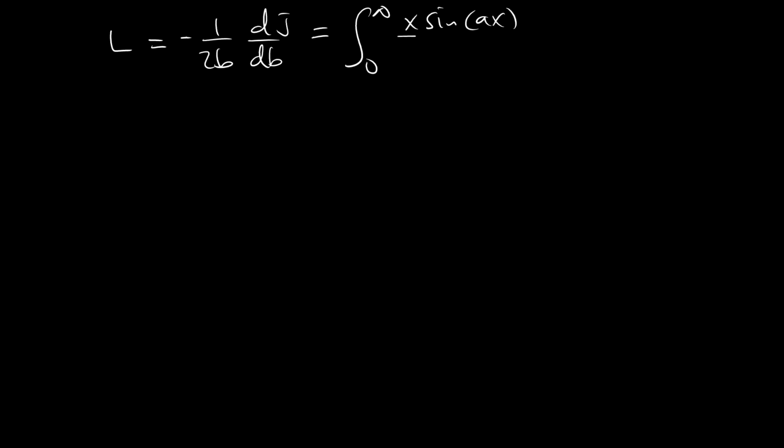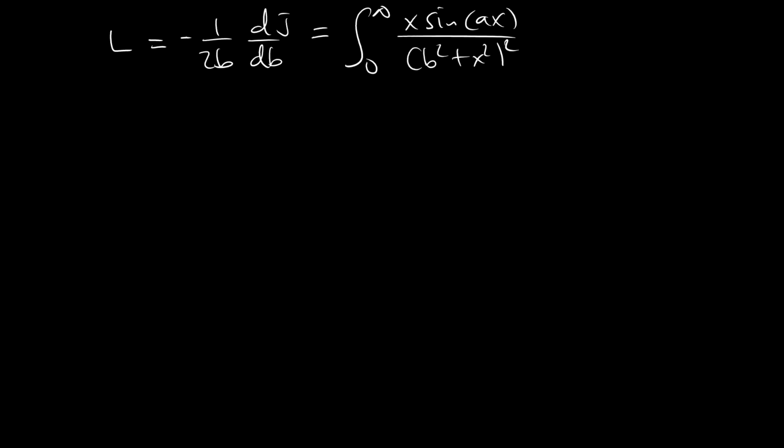And then we have L, which is equal to negative 1 over 2b, the derivative with respect to b of J, which we found to be the definite integral from x equals 0 to infinity of x sine of ax over b squared plus x squared.